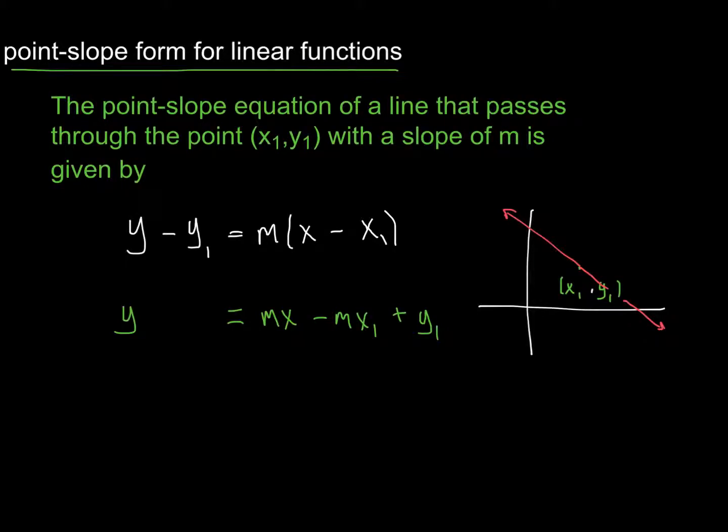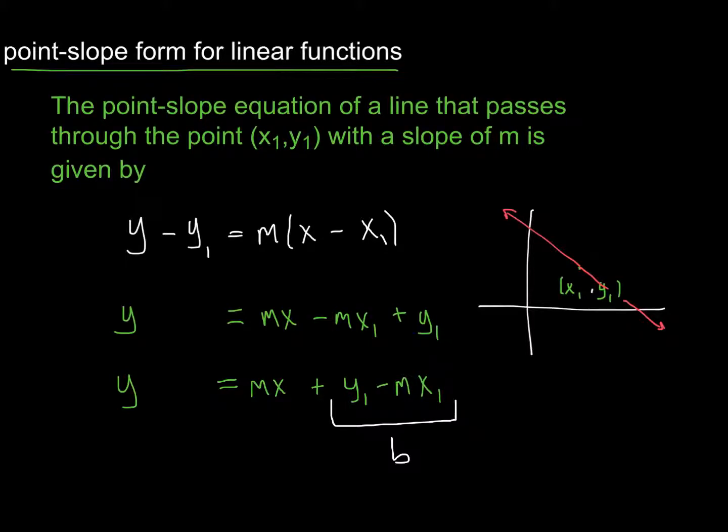To help you see this, I'm going to rewrite this. So my equation would be y equals mx, and here I'm going to put the y1 first, so I'm going to say plus y1 minus m times x1. What I'm saying here is that this value is actually your y-intercept, the value we normally call b in slope-intercept form.